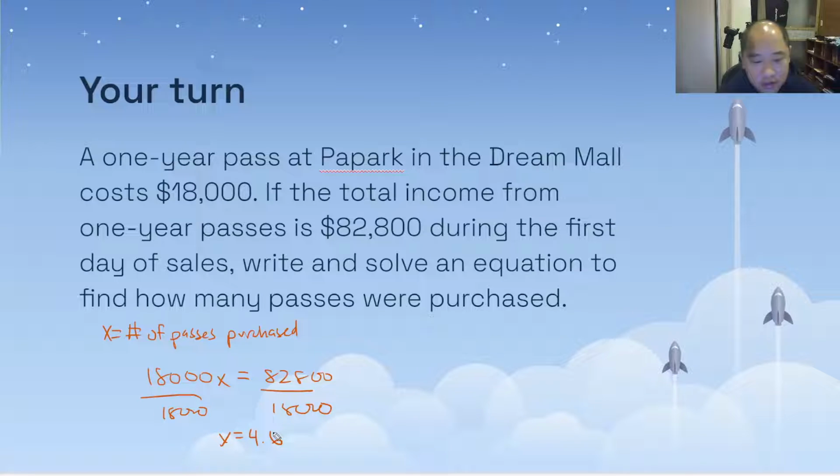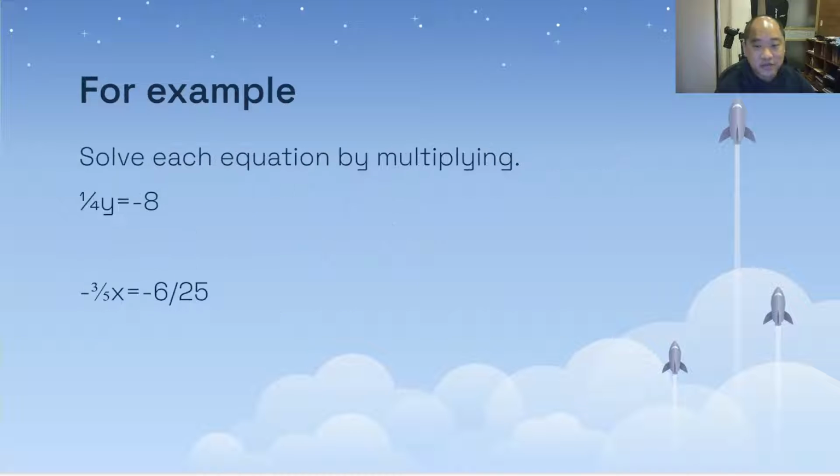That's strange. Why 4.6? Well, it shouldn't be 4.6. I probably should have used a different number, but it's 4.6. They sold 4.6 passes. They can't do that. That's not a thing, but that's the answer.